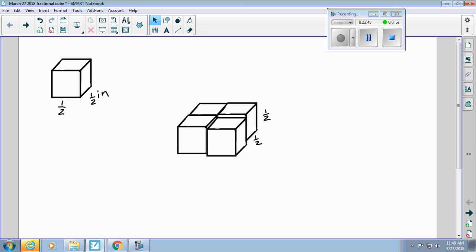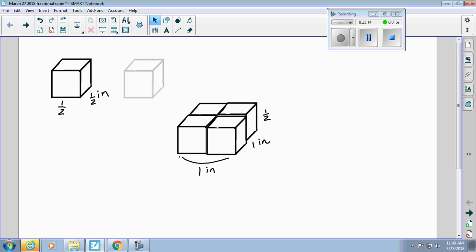I have to be really picky in which order I do this because otherwise it gets all weird. Okay, so now a 1/2 inch plus a 1/2 inch is what? So this is now a whole inch wide. This is a whole inch. This is still only half, and this is a whole inch from here to here. So I need more. I can't have 4 times as many.